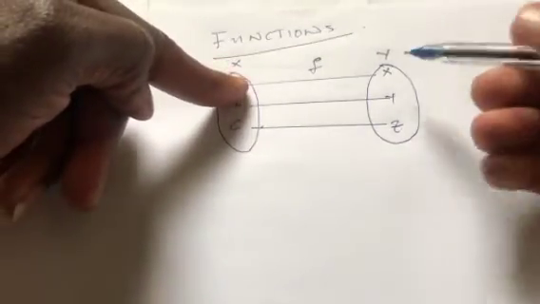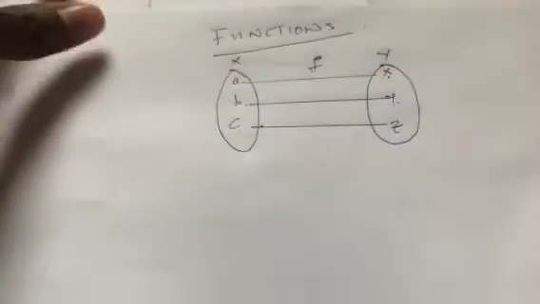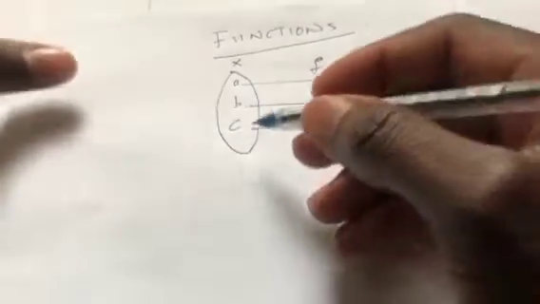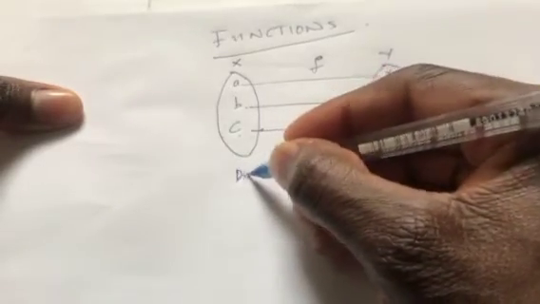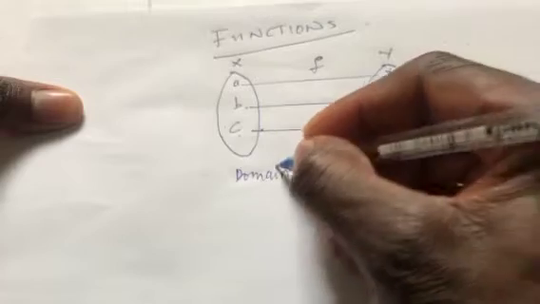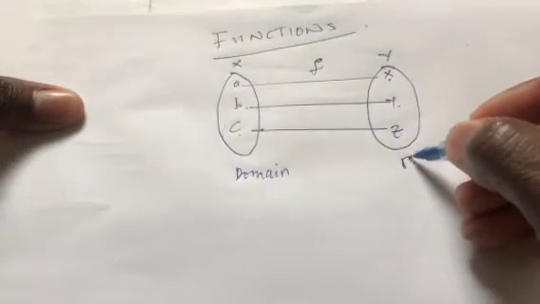This has to match with that element, this has to match with this element, and this one has to match with that element. All the elements in X we call the domain, and all the elements in the set Y we call the range.